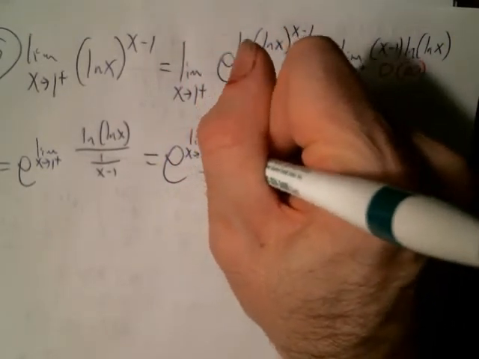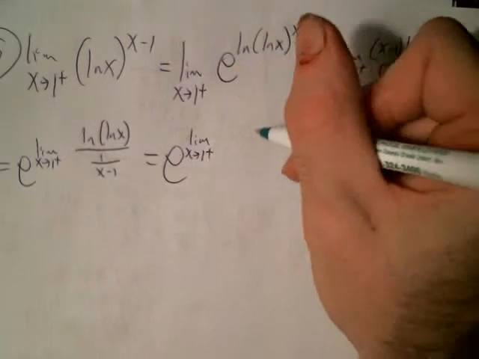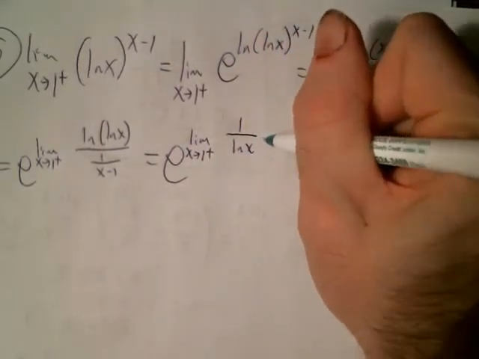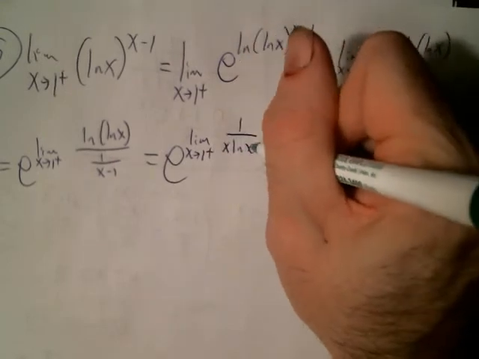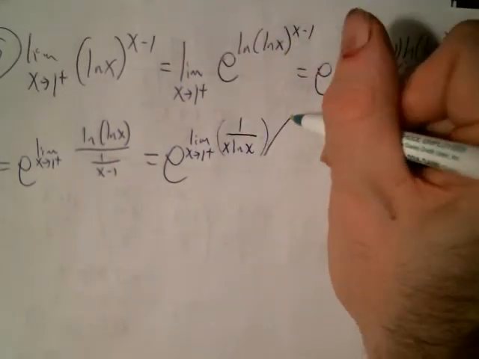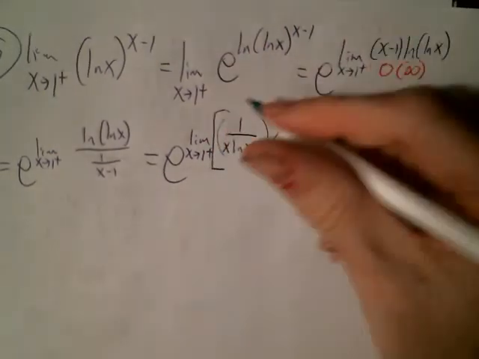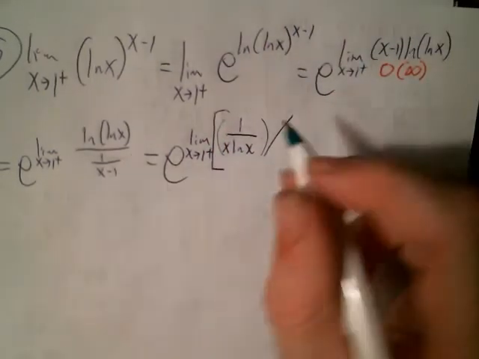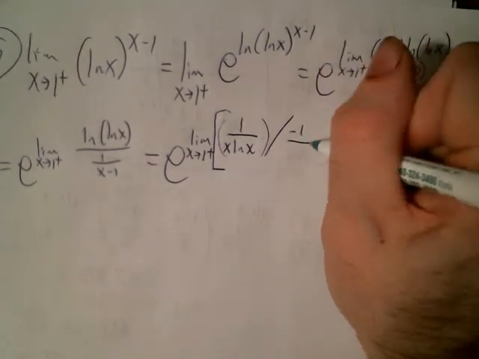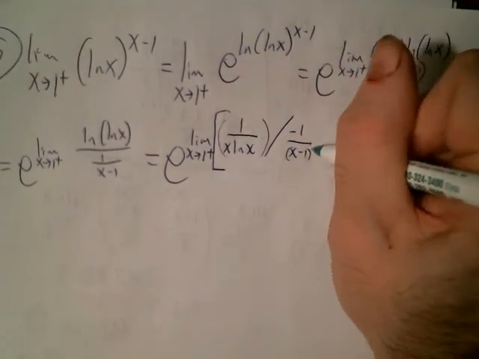The derivative of ln of x is 1 all over ln of x times 1 over x. So it would be 1 all over x ln x. And then that's divided by the derivative of this thing, which will be negative 1 all over x minus 1 squared.